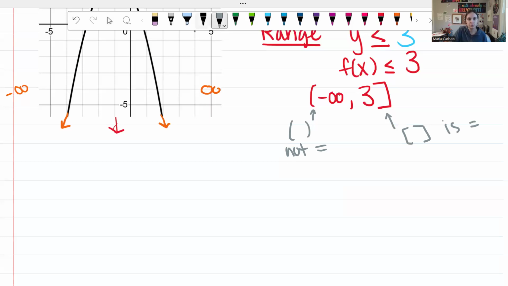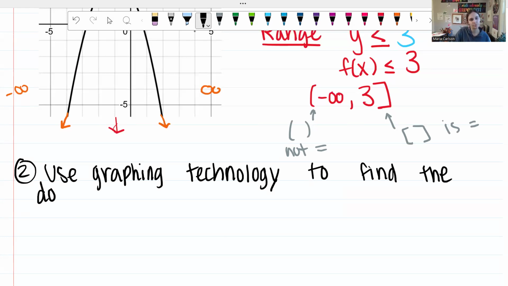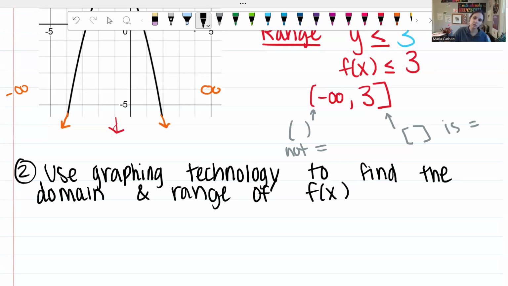All right, let's do number 2. So we're going to use graphing technology to find the domain and range of f of x equals x squared plus 6x plus 1.